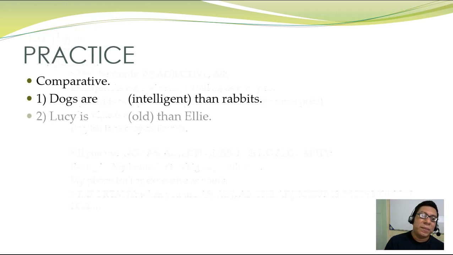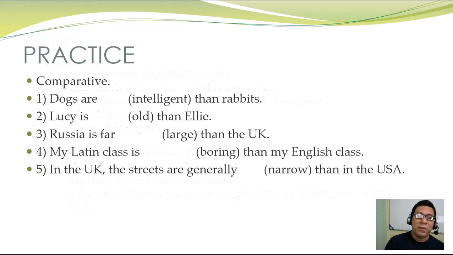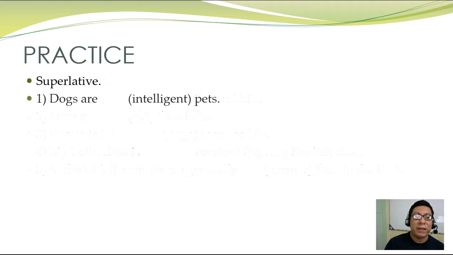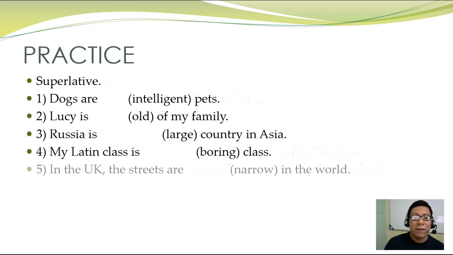Then we can have some practice. I am just gonna leave this for some moments so you can pause the video and do it. This is practice for comparative, basic examples. After this you can do this practice of superlative, basic examples as well.